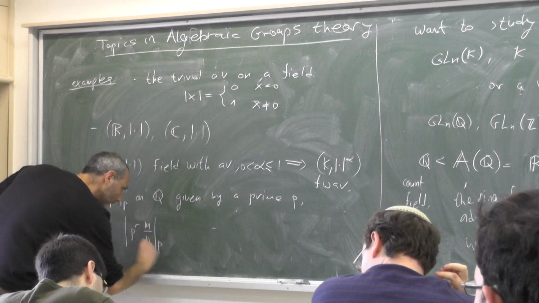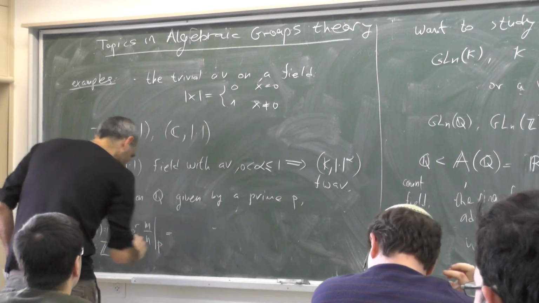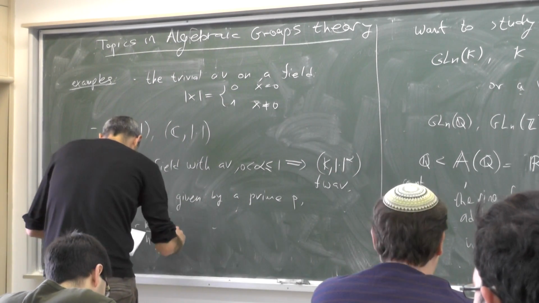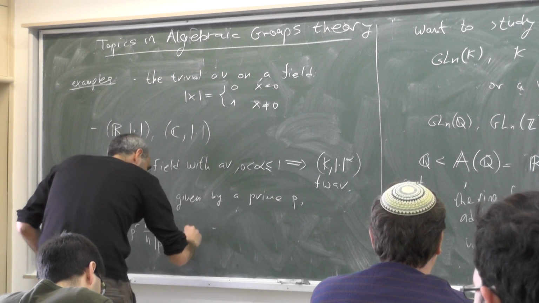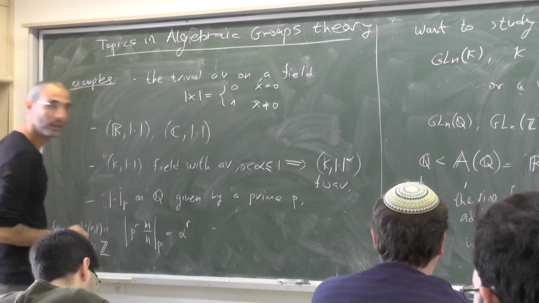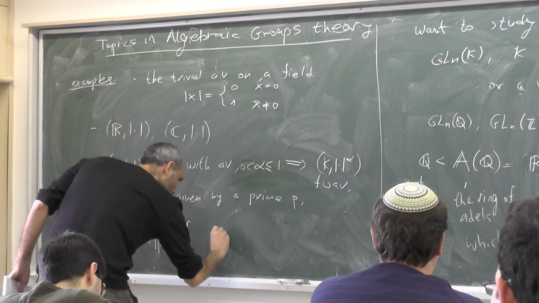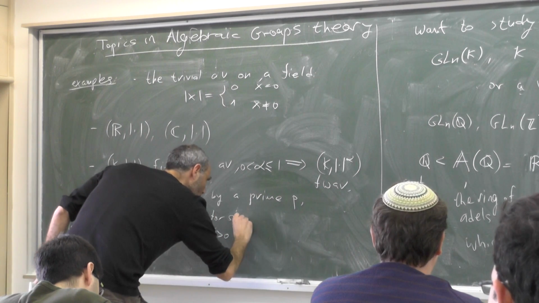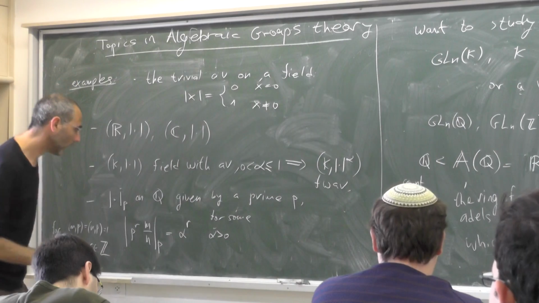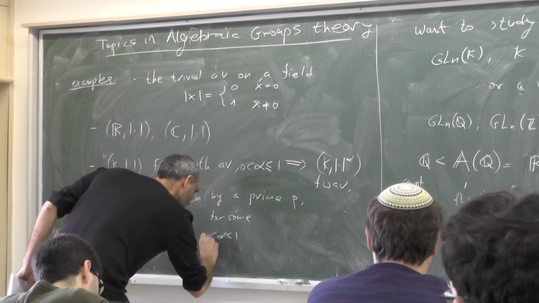I'll define its p-adic absolute value by alpha to the power r. Here I can take any base alpha smaller than 1.